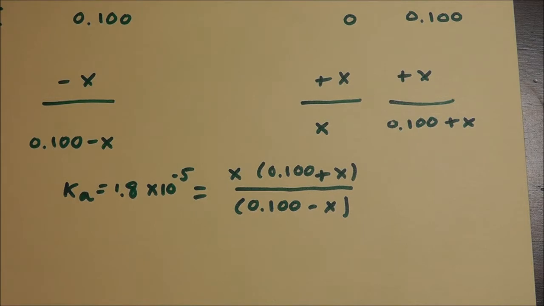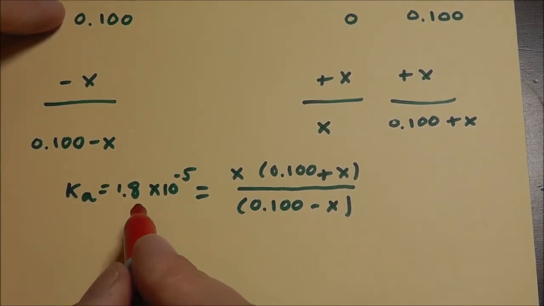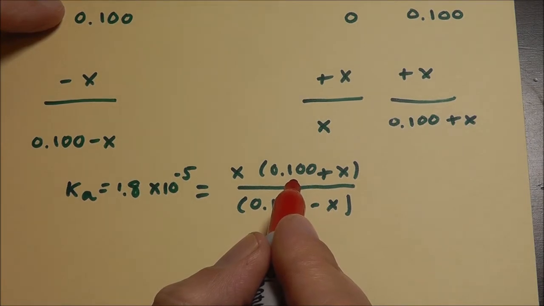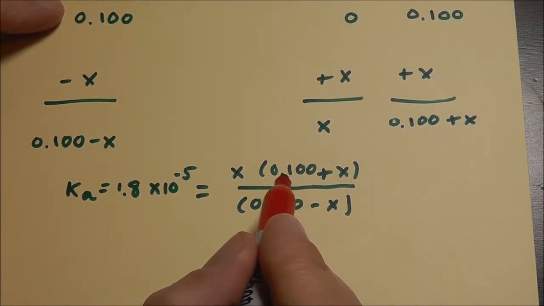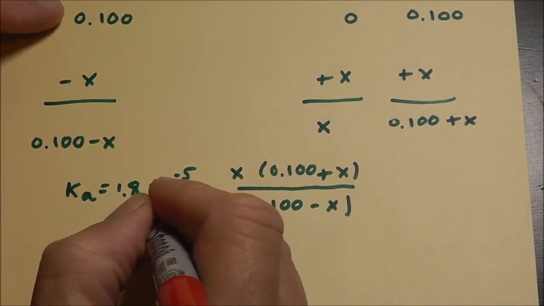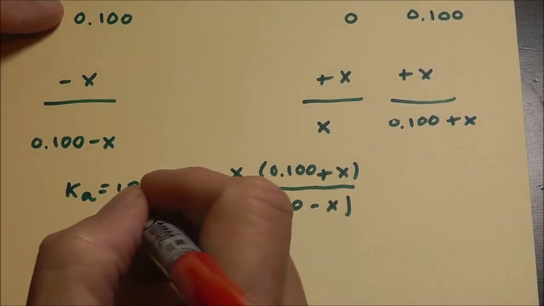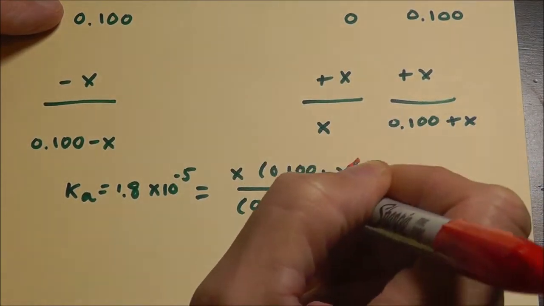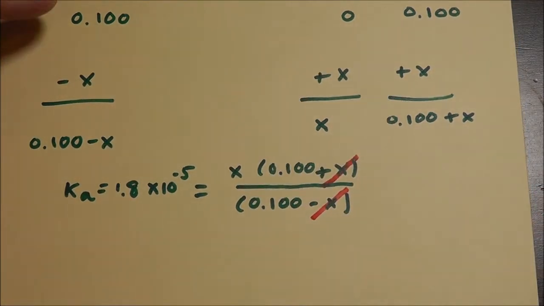So let's think about it. 1 times 10 to the minus 5, let's call it that, would be 10 to the 4 smaller than 0.1. So that's a lot different than 100. This is way more than 100 times bigger than Ka, which means I can get rid of that due to the 100 times rule like we talked about last time.